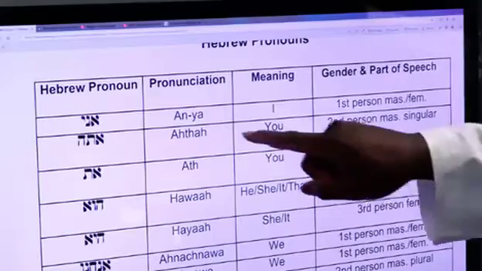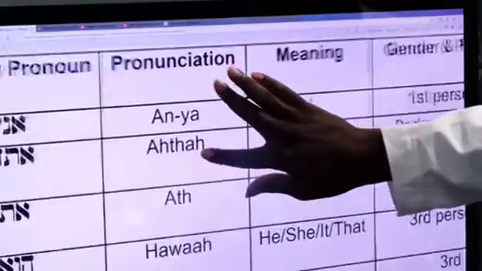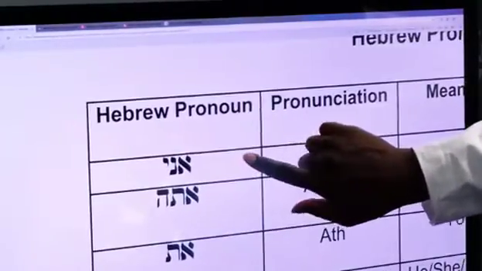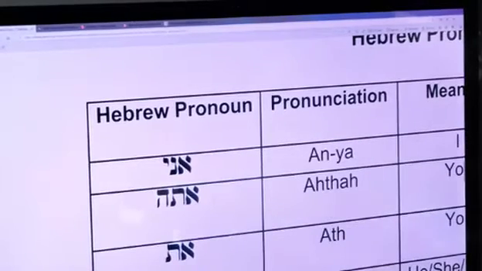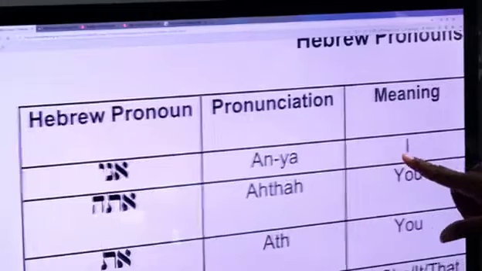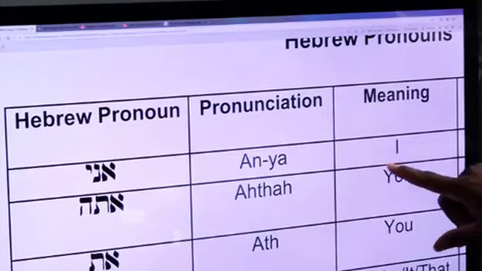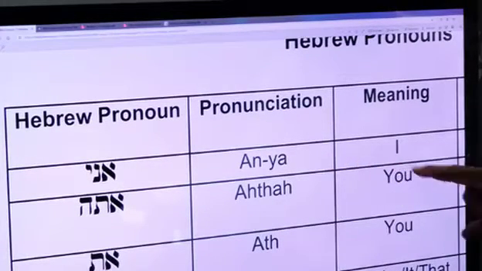So we have our first pronoun, which is the Hebrew word anya, which means I. Now, this pronoun can also be translated as I am. A lot of people have questions, usually related to the Most High's name.